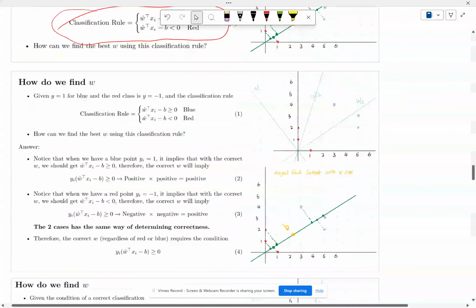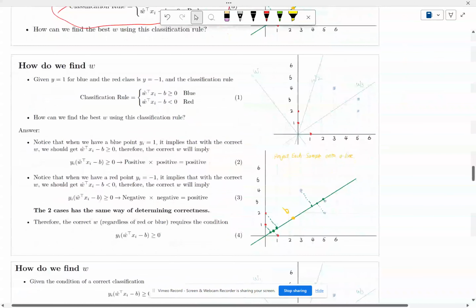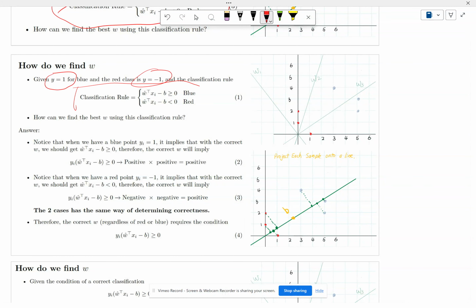So how do we find w? Given that the label is either y equals 1 or y equals -1, and we also identified the classification rule, how can we find the best w that gives us the best classification result? Notice that when we have the blue point, which is y equals 1, it implies that with the correct w, we should get this. So the blue point implies that w times x minus b should be greater than 0.